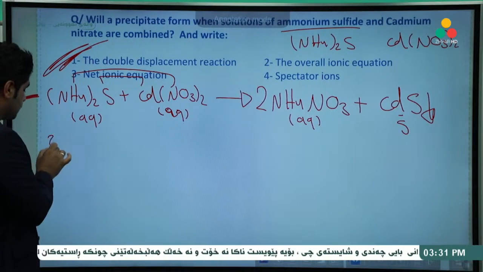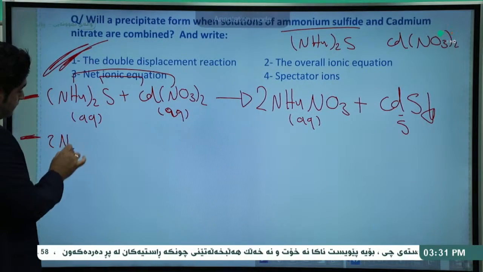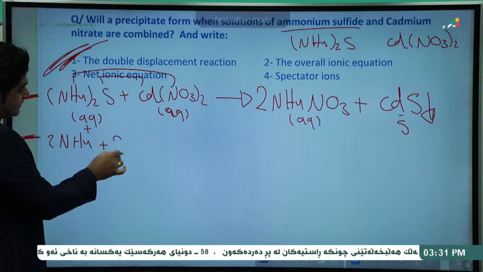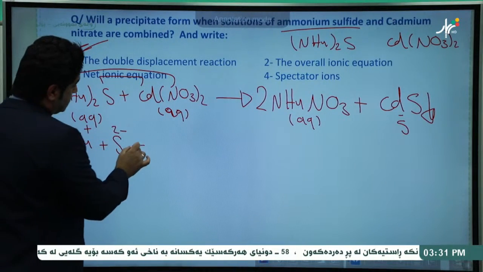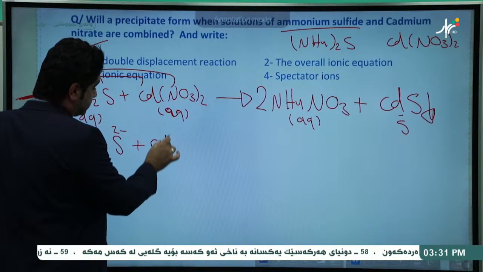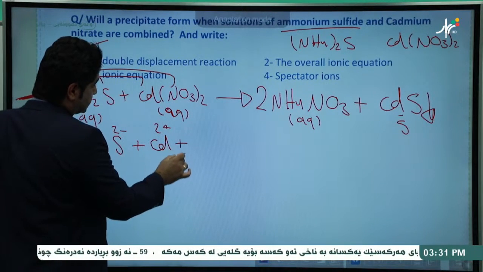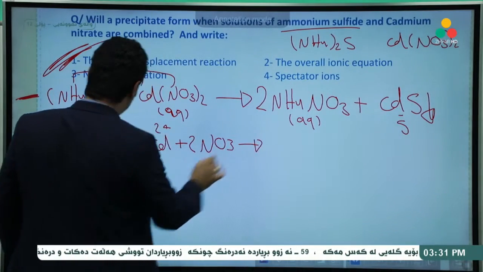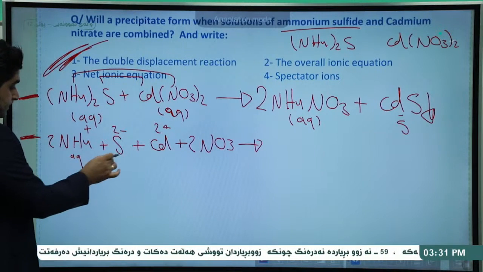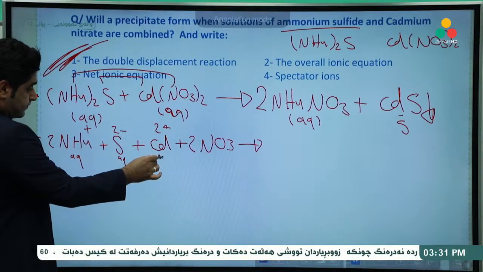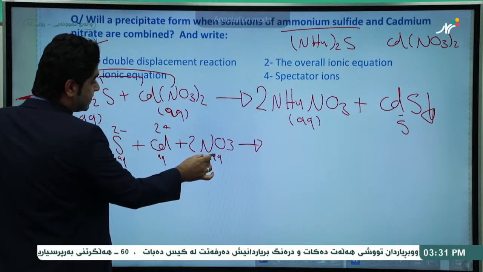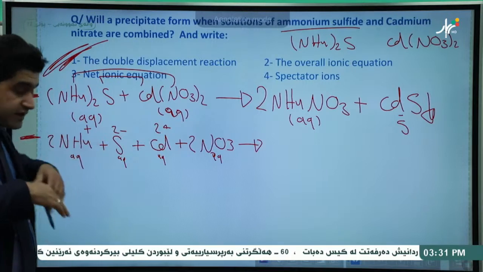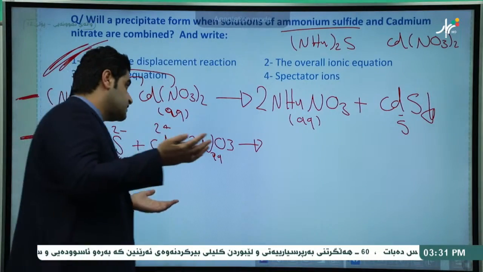So we will get 2NH4 plus, plus sulfide negative 2, plus cadmium positive 2, plus 2NO3 negative, and they are aqueous, due to the weak attraction force between the ions, so they dissociate.